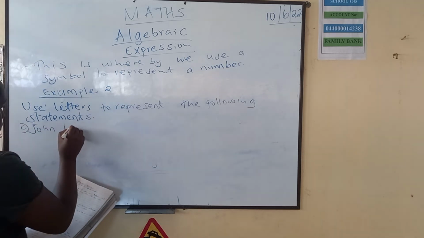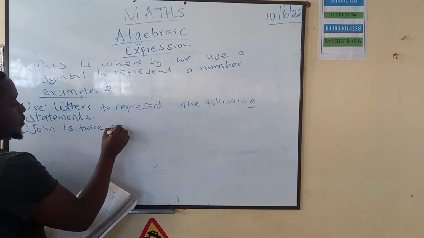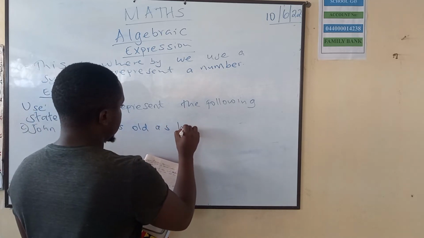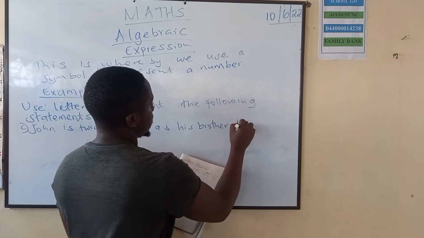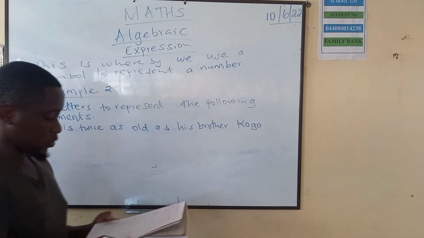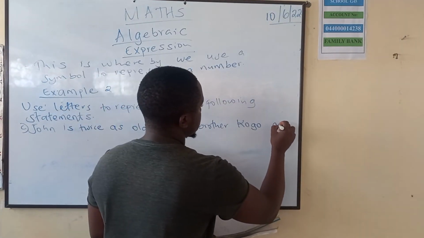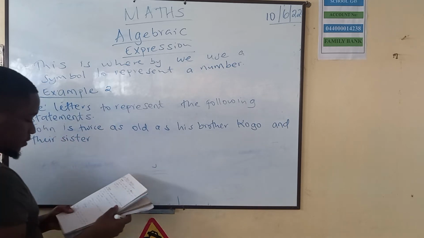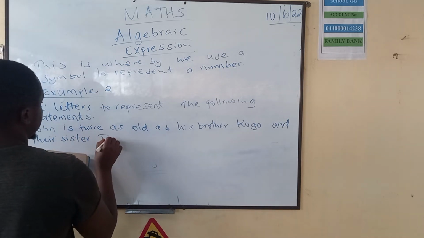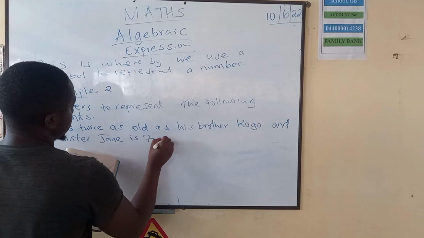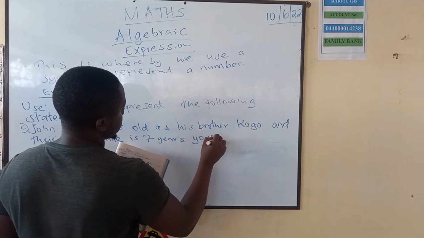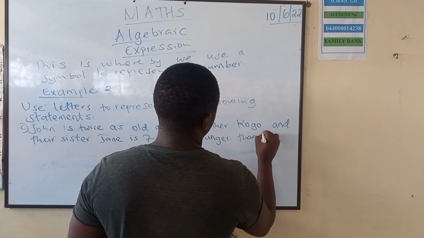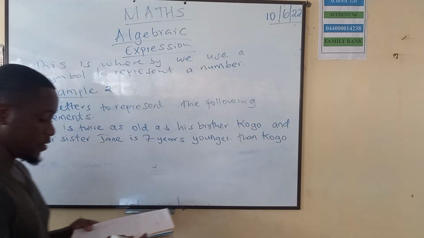John is twice as old as his brother Kogo, and their sister Jane is 7 years younger than Kogo.